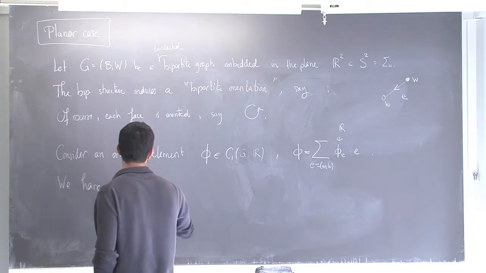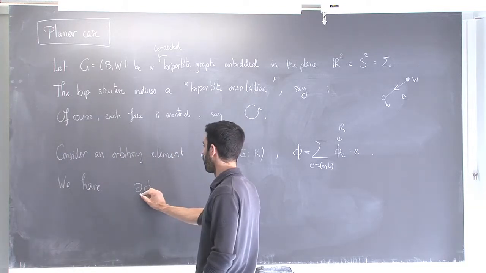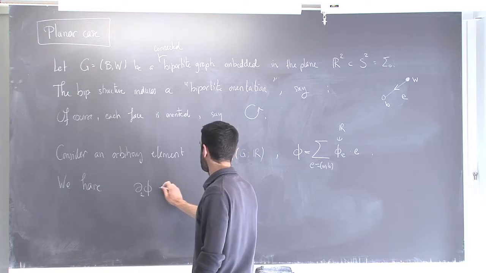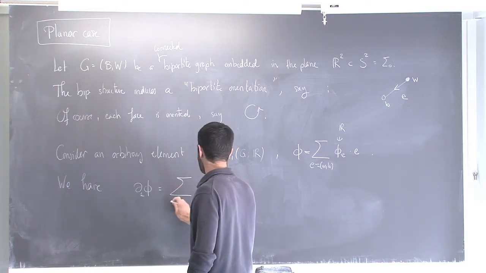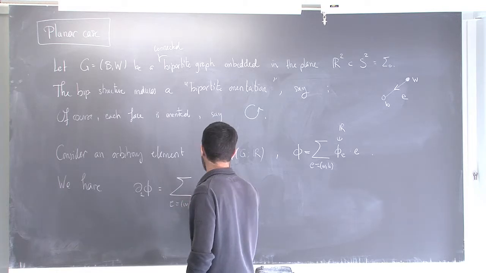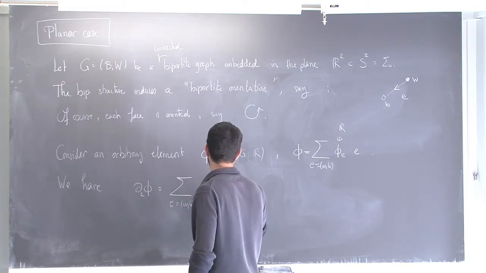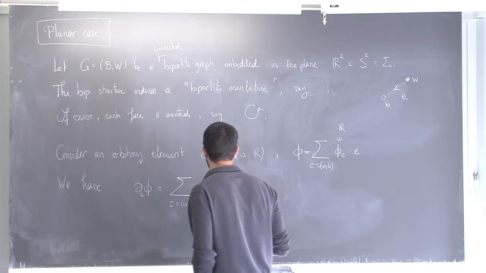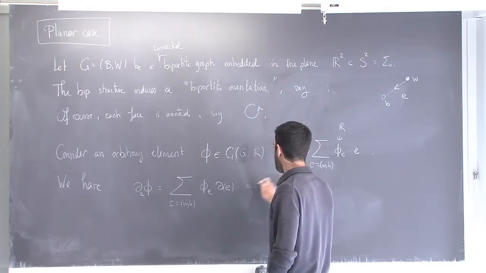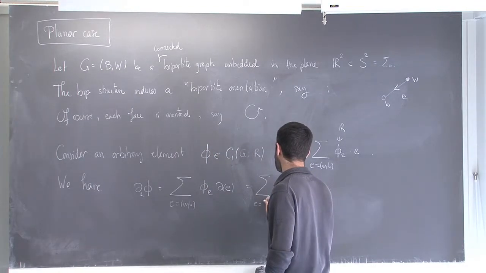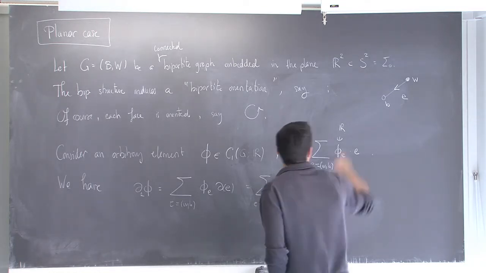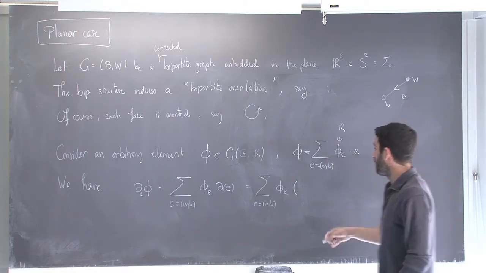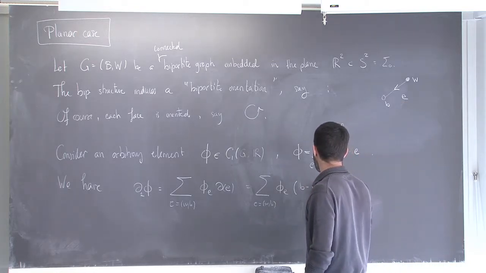So the boundary of phi, so it would be the 1 boundary. What is it? So it's the sum of the boundary of E. Now boundary of E, by definition, it's B minus W.